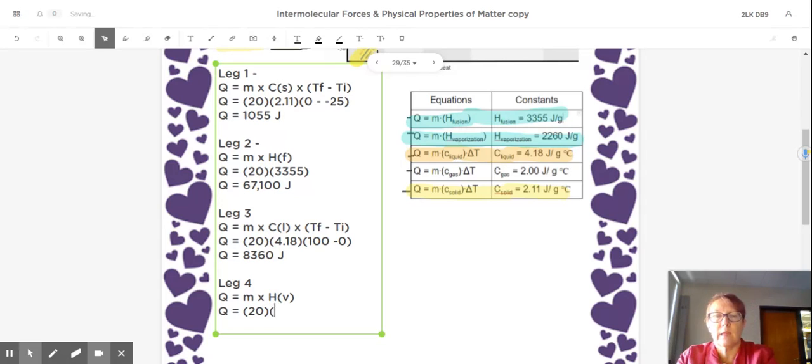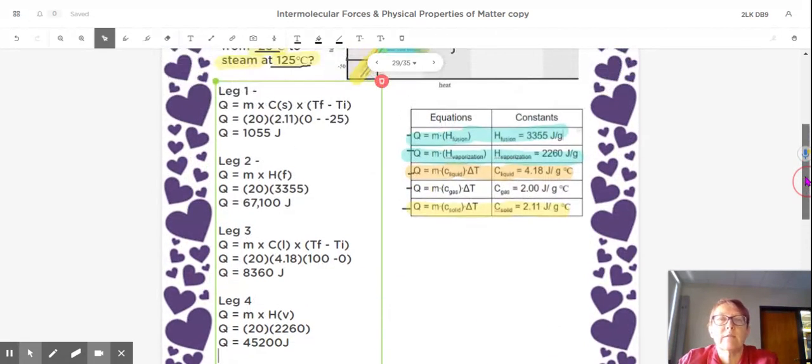All right, so our total Q for that leg is equal to 20 times 2260, 45,200, sorry. 45,200 joules.